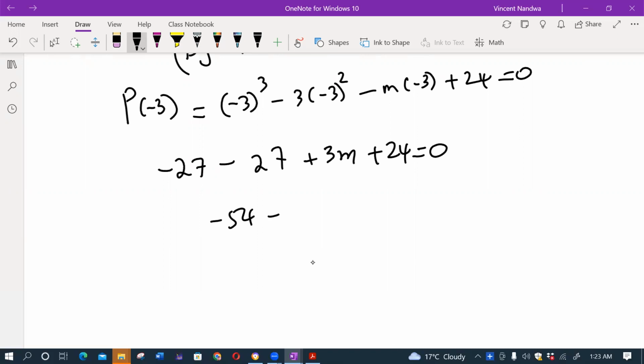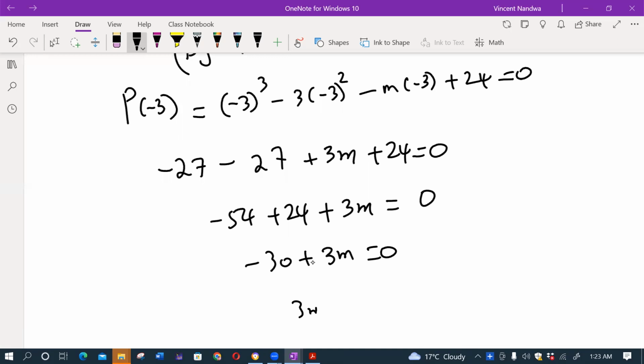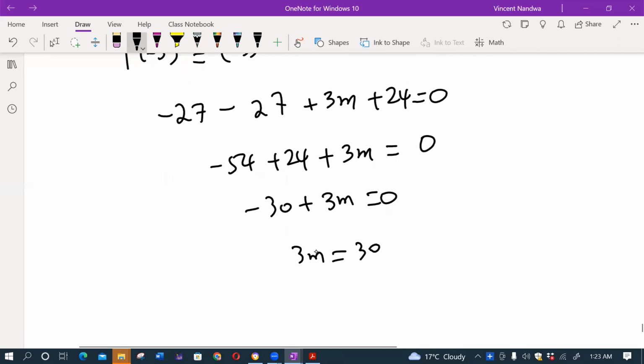Minus 54 plus 24 plus 3m equals to 0. So minus 54 plus 24 is minus 30. So 3m equals to 30. So m equals to 30 over 3, which is 10.